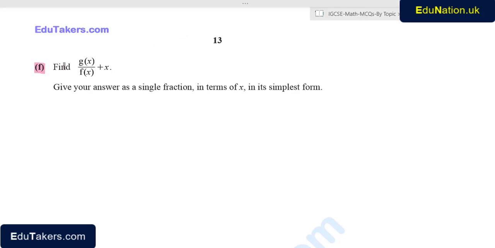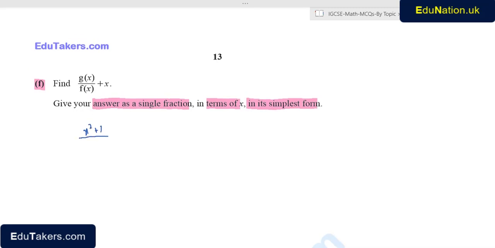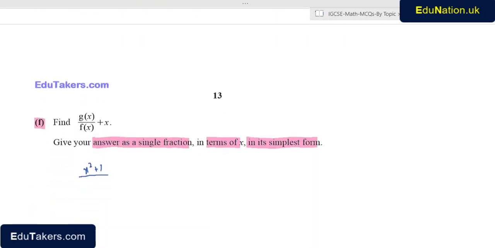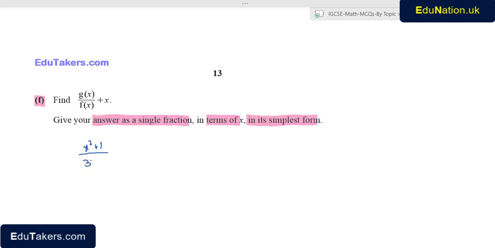Part F, find g of x over f of x plus x, and give your answer as a single fraction in terms of x in its simplest form. g of x is x square plus 1, f of x is 3x plus 2, plus x.